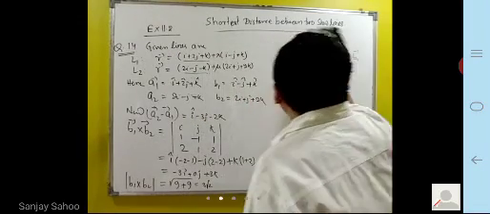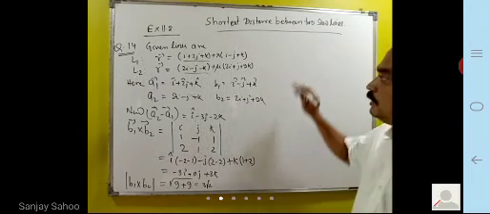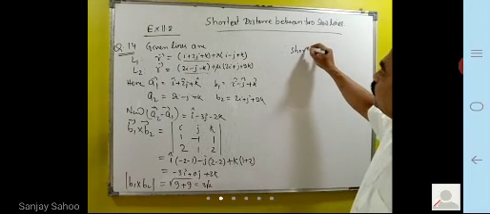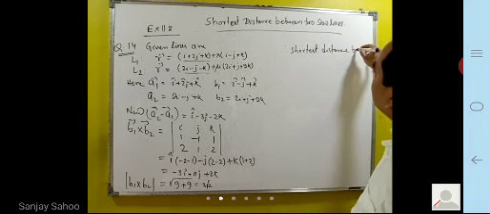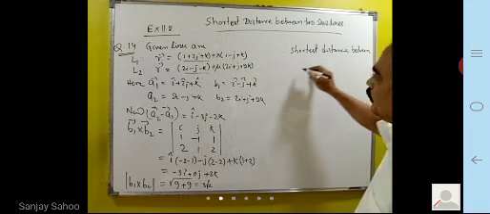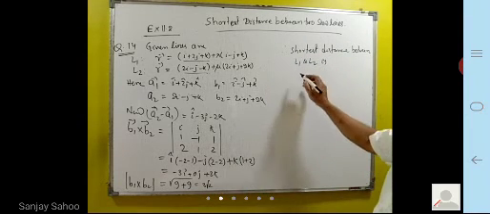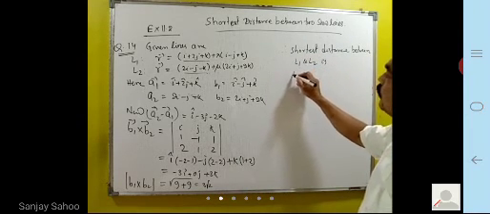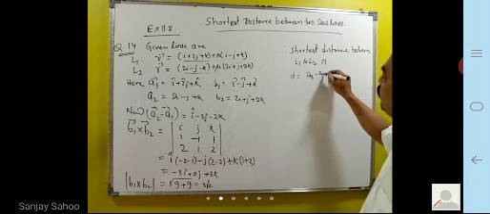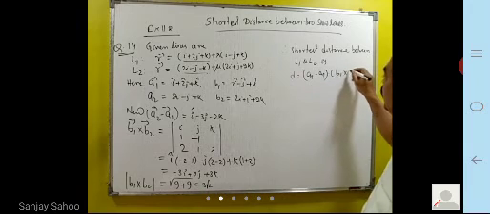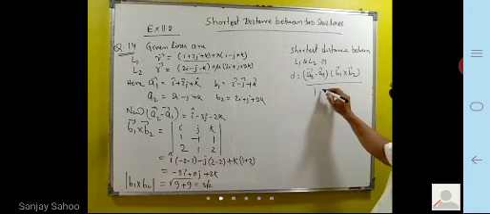Now you have to find the distance. Therefore, the shortest distance between this L1 and L2 is, D is equal to A2 minus A1 dot B1 cross B2 upon B1 cross B2 modulus. These formulas are very important, you must write.